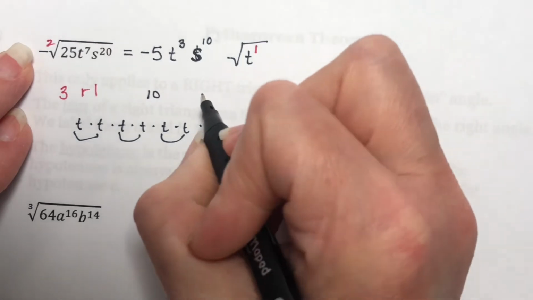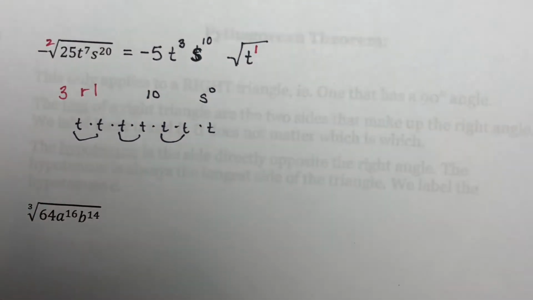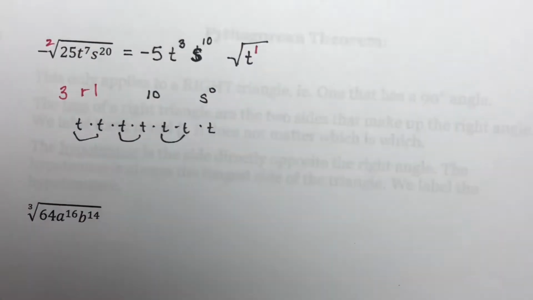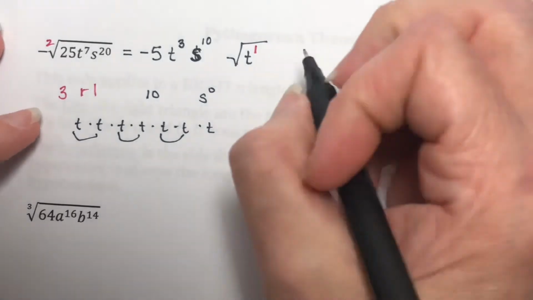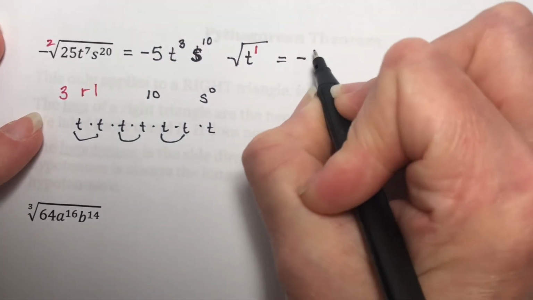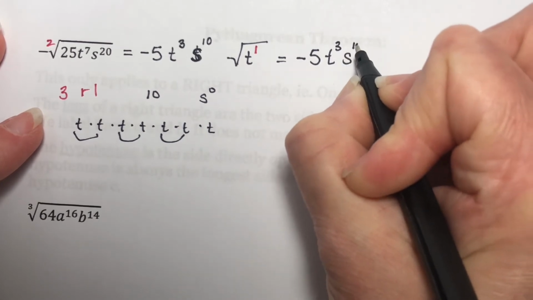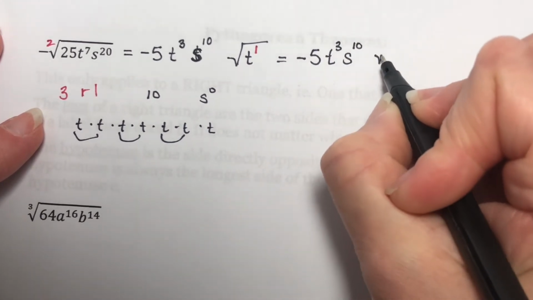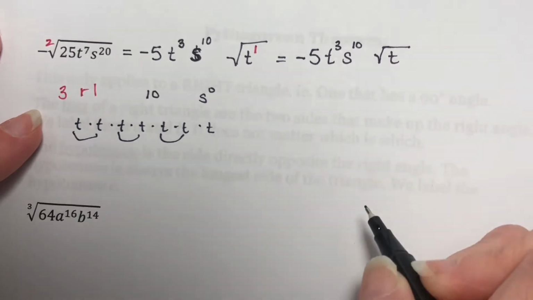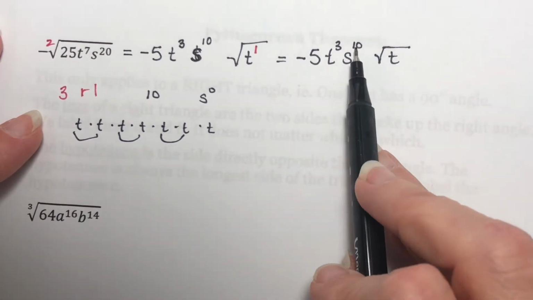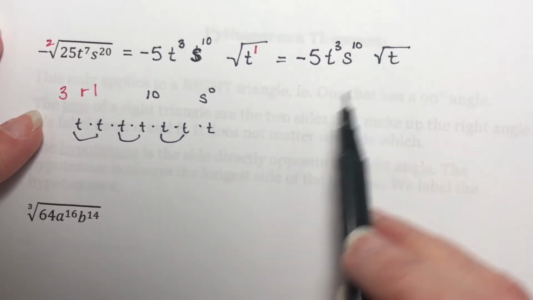Okay, well technically I guess you could think of it as s to the 0 power, but we know that anything to the 0 power is 1, so there's no reason to multiply by 1 on the inside. So this answer, written a little bit better, would be negative 5 t cubed s to the 10th, square root of t. Exaggerate your space so you can remember that it's a square root of t. This is what I meant earlier about not letting this drift over and become a 10th root. You don't want to do that.